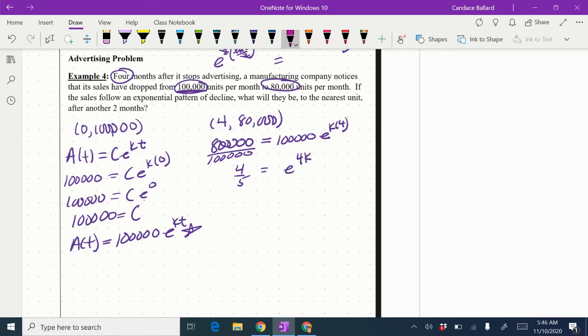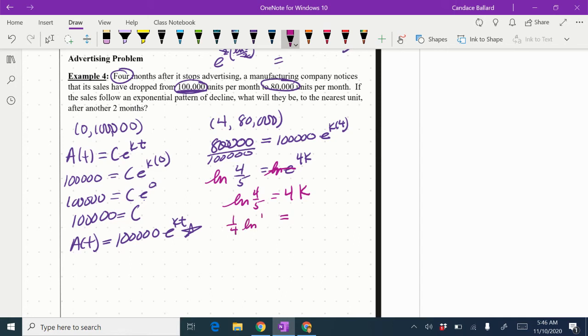In order to get rid of the E, I take the natural log of both sides. So this cancels here, and we have the natural log of 4/5 equals 4K. Then I divide by 4, or I multiply by 1/4. I'm going to choose to multiply by 1/4.